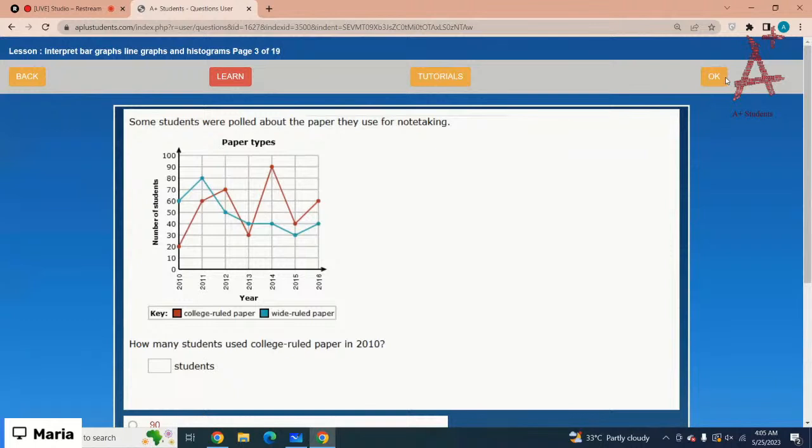Okay, some students were polled about the paper they used for note taking. How many students used college ruled paper in 2010? Which is the correct option? Here you have 2010. Just look at the values.